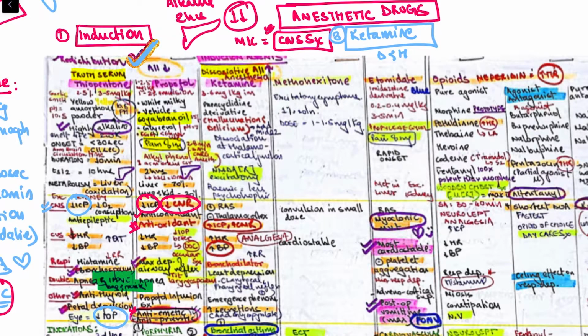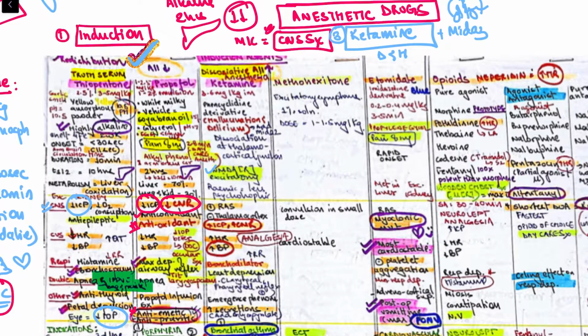Therefore, with ketamine, we always add midazolam. And remember, the dissociation it causes is at the thalamocortical junction, between the cortex and the thalamus.